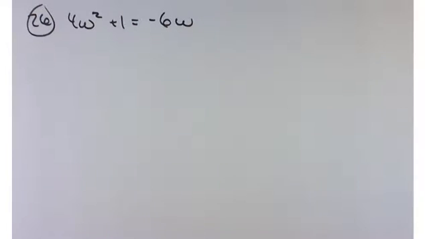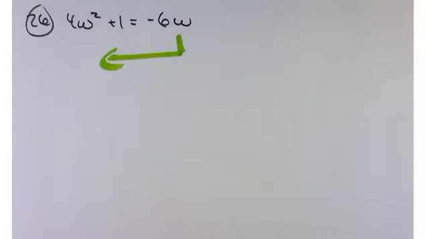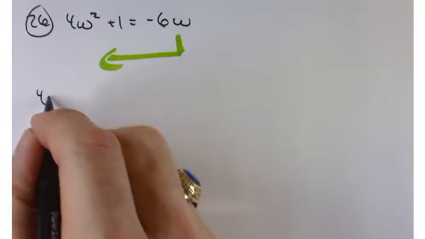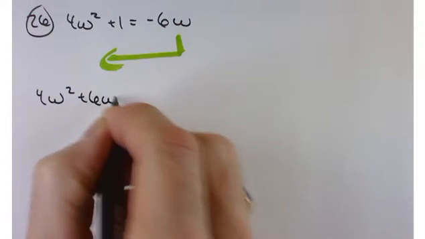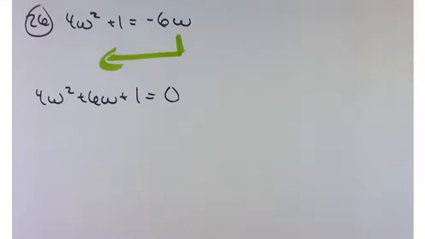Megan, what should I do to start this one? Perfect. Let's add 6w to both sides. That effectively is going to move it from the right-hand side to the left-hand side, where it changes signs like that. All right, cool.